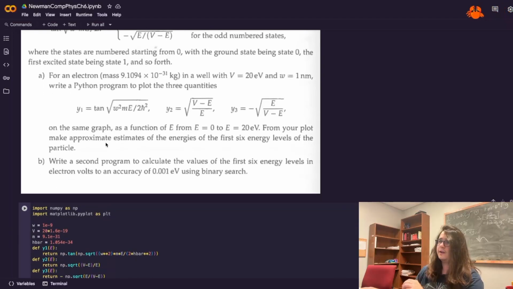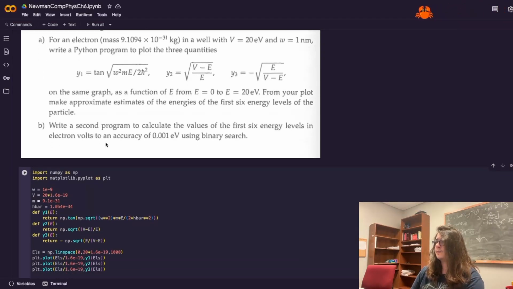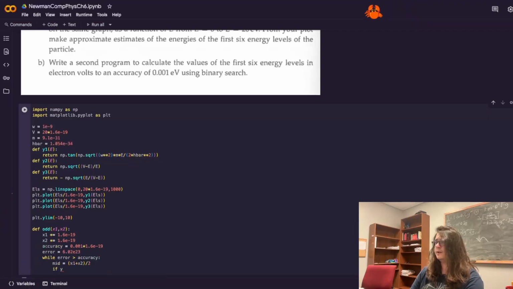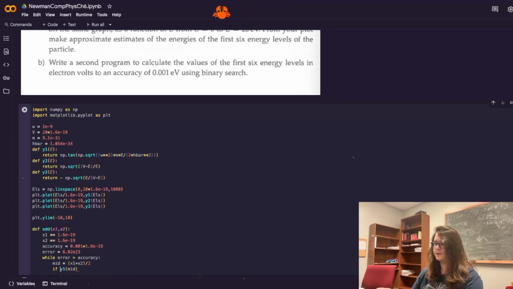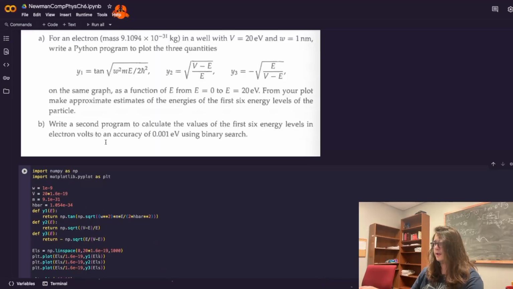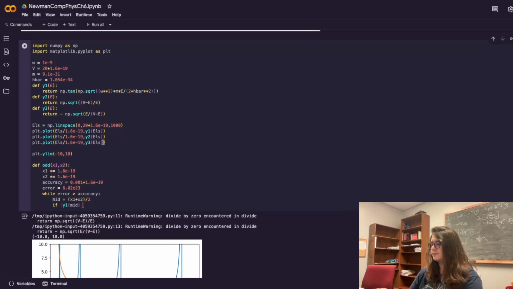So okay, let me do y1 of the midpoint, and this is all going to be in parentheses. And I think it's minus that. Yeah, minus y3 of the midpoint.